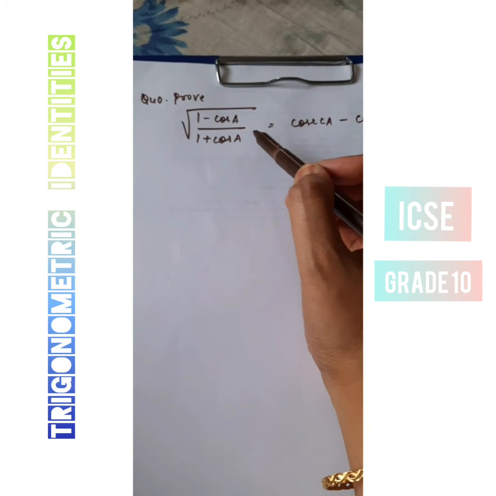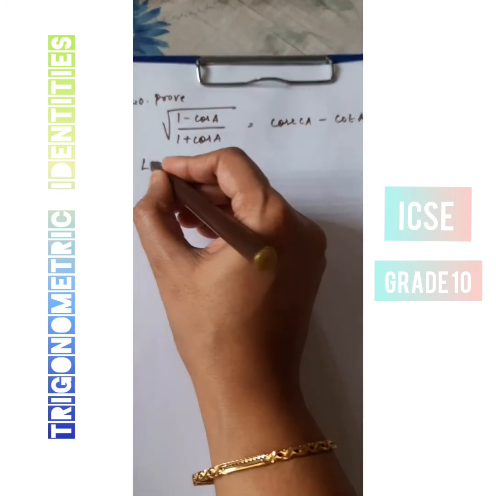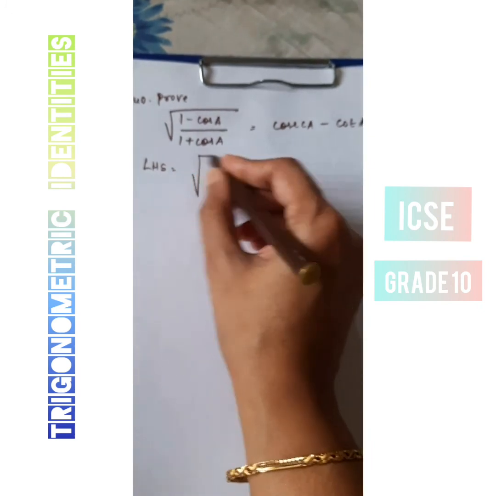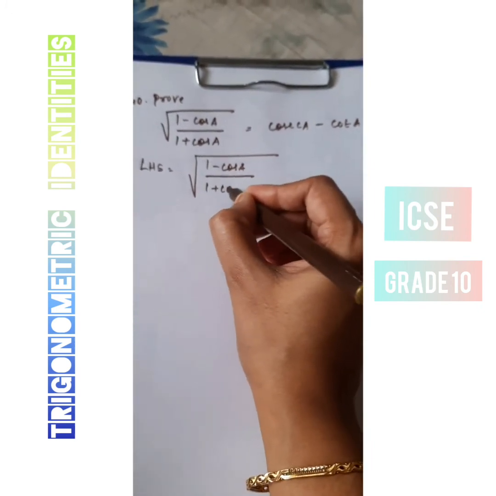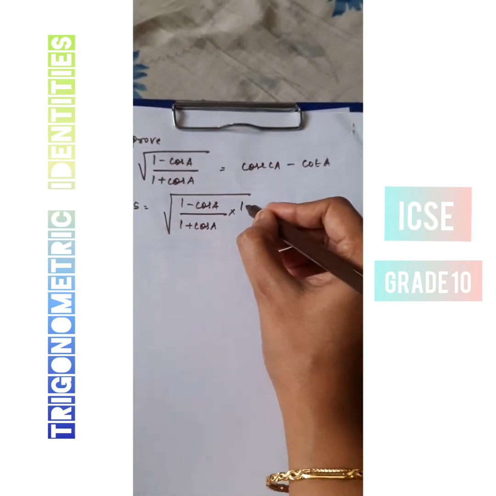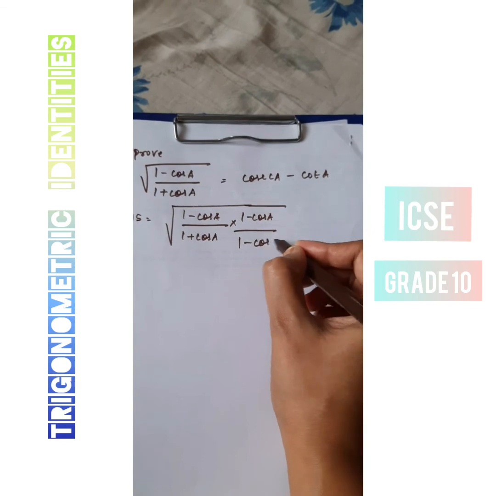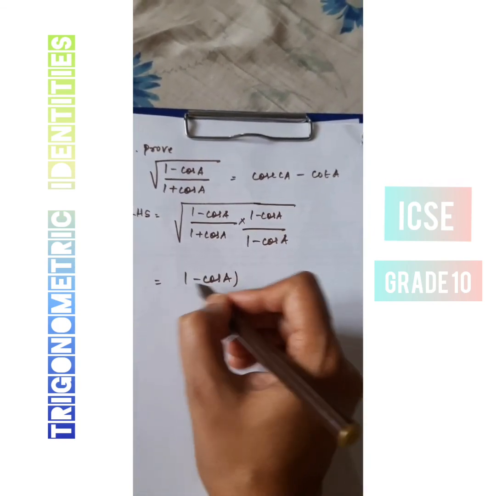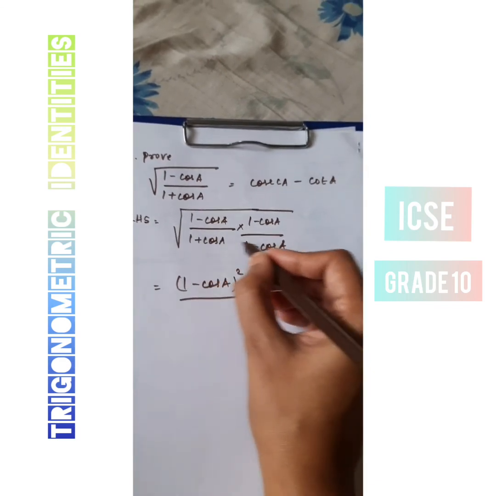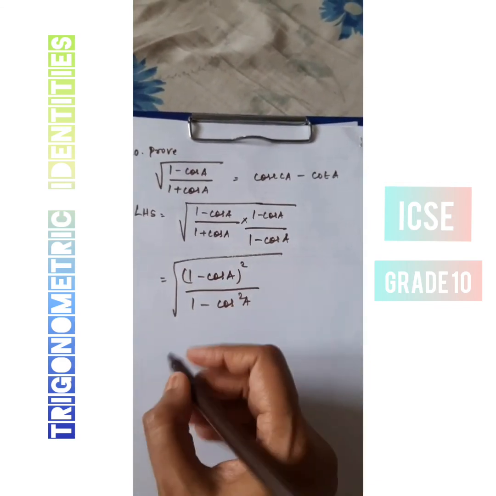Next question 40. Square root of 1 minus cos by 1 plus cos is cosecant A minus cot A. So by taking the LHS again, square root of 1 minus cos A by 1 plus cos A and multiply by 1 minus cos A by 1 minus cos A, which is equivalent to 1. So numerator is 1 minus cos A whole square and denominator A plus B and A minus B, so 1 minus cos square A square root.